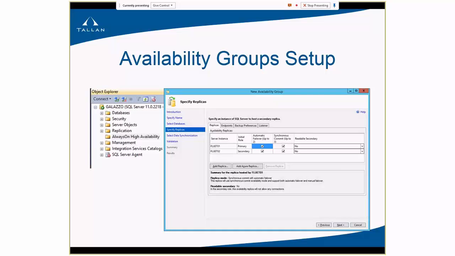Yeah, because the other thing I noticed was it requires your databases to be in full recovery mode, and you have to do at least a single full backup before you can put them into the availability group. And I bet if the application was trying to create databases, it probably would just fail. Yeah, one thing that we did, Andy, actually: we originally had the database server, let's say it's SQL 001.